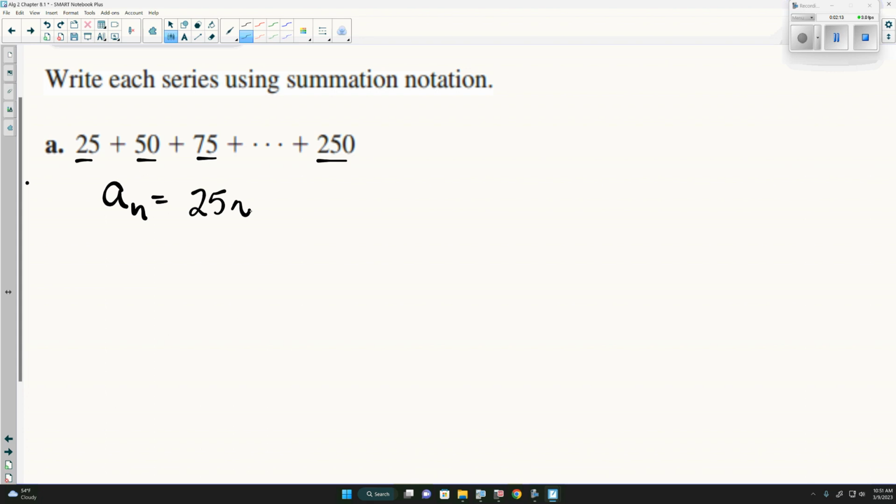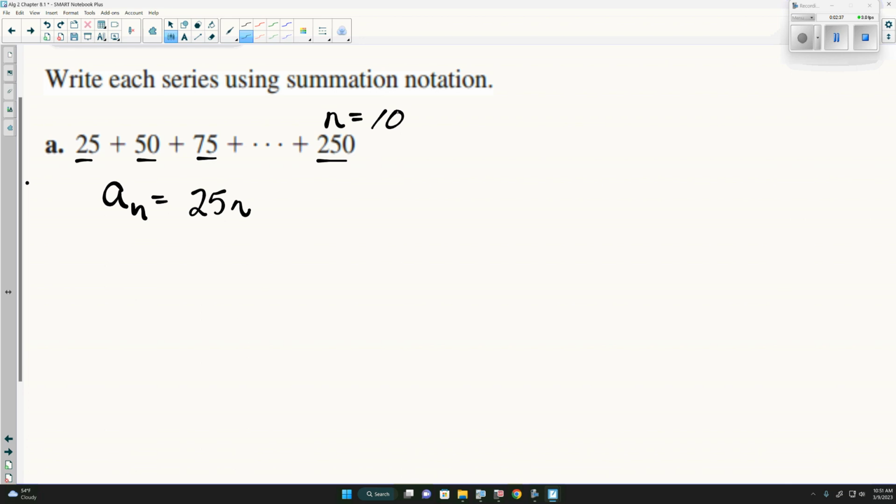For the second term, when n is 2, 25 times 2 is indeed 50. 3 would be 75. But we need to know what term 250 is going to be. Bigger than 5. 10. So for this summation, we're looking at from the first to the 10th term.